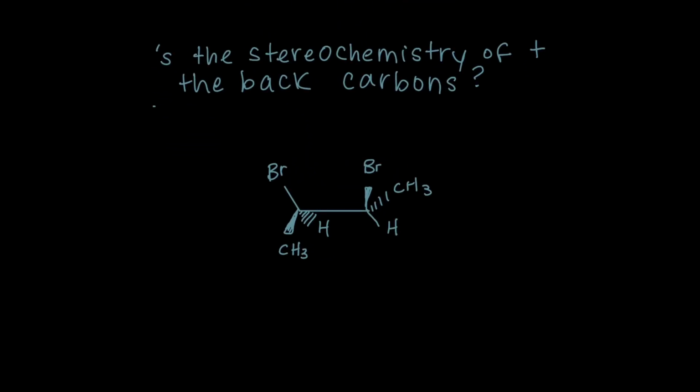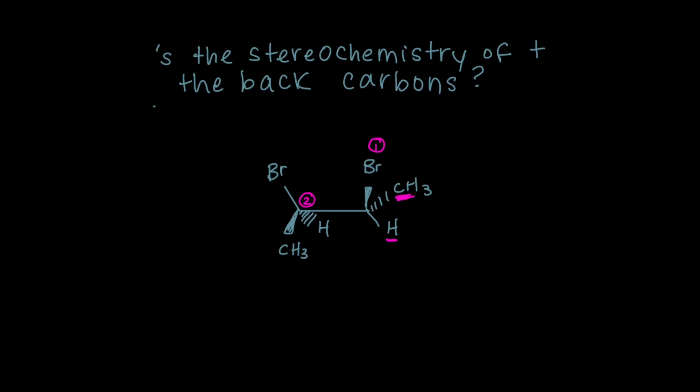Now that we have this sawhorse structure going on, we're going to go ahead and do our priority. So obviously bromine is going to be number 1. This methyl group is in the back and this is not, so we know that we're going to have an inversion. Then the next priority is going to be this carbon over here, right?